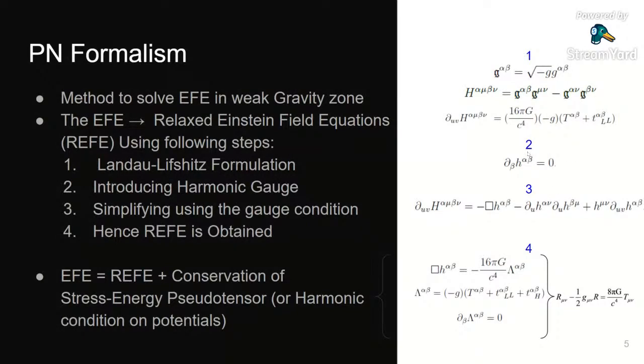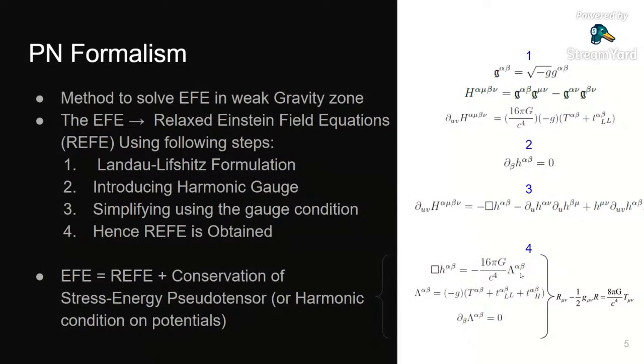These couple of equations lead us to an expression of this form, which in turn is used to define a new wave-like equation, which is given over here. The left hand side is nothing but the d'Alembertian on the potential, or the deviation from the background metric, and the right hand side is the stress energy pseudo tensor.